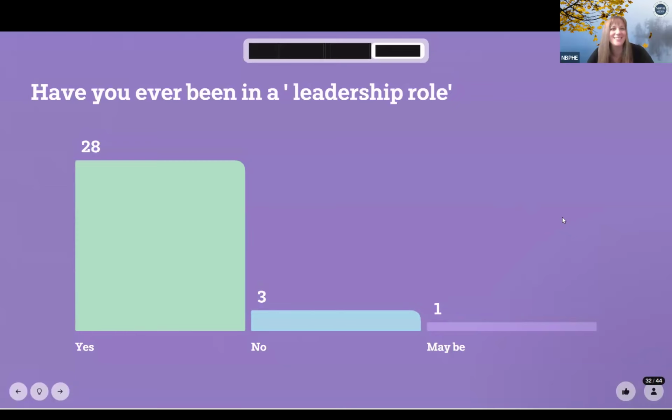We have a lot of leaders on this, which will make it a very interesting presentation. We have a lot of public health employees and students, and most of them have been in some kind of leadership role. That is interesting.